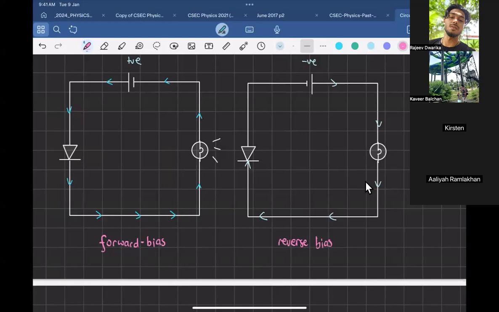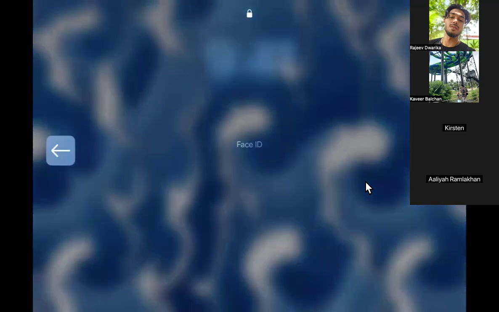What did I change in circuit 2? The direction of the current flow. Both are the same thing. I understand that, but why did the direction of the current flow change? Because the bulb is not lighting.